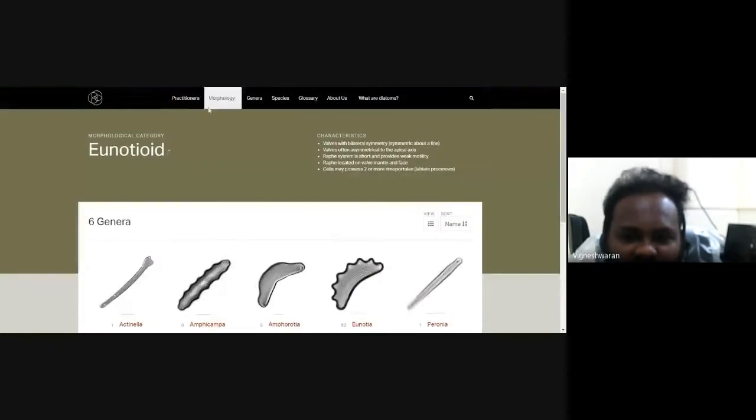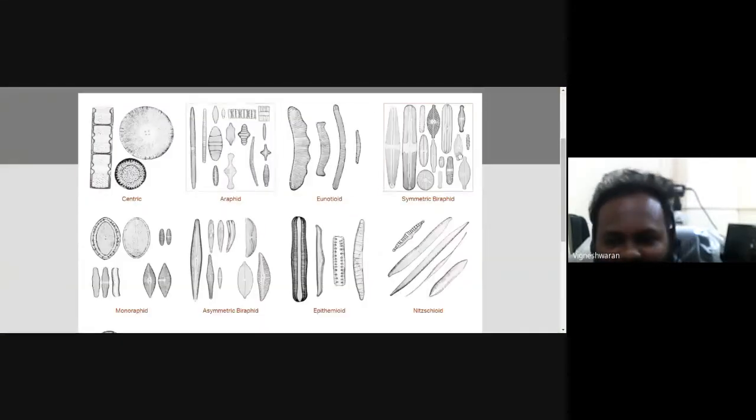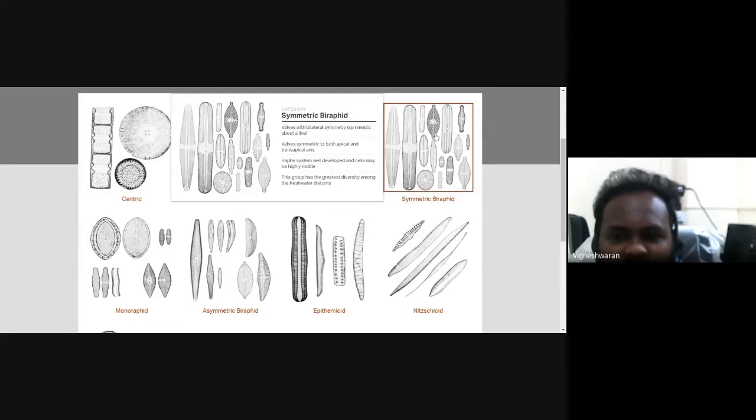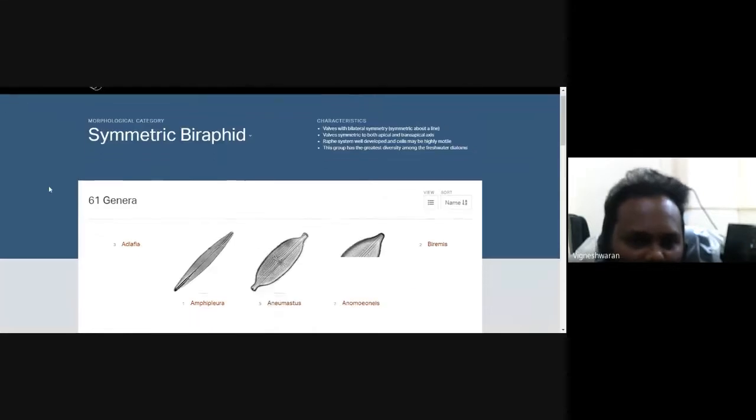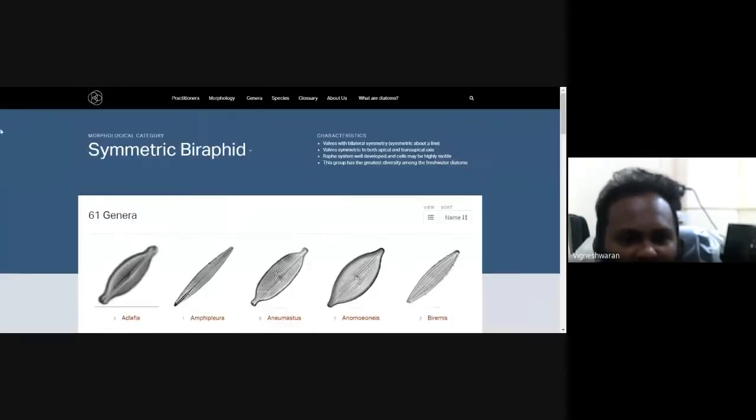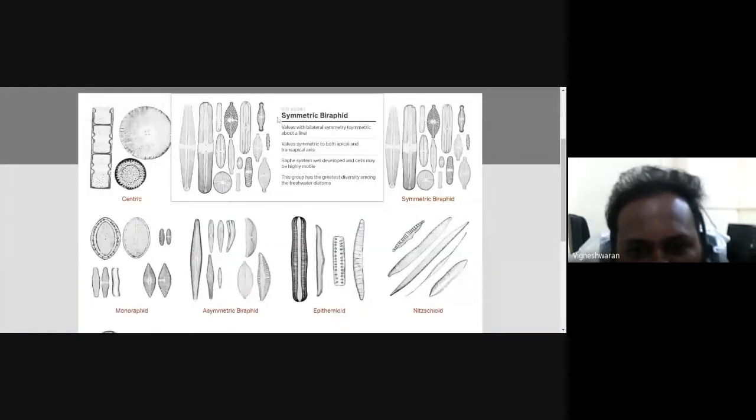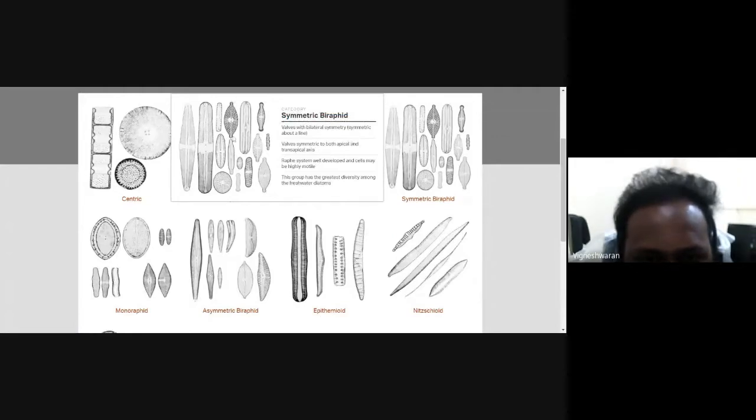So this is Inoceide. The next step will be symmetrical biraphid. Let me go to the description. If you see the symmetrical biraphid, the diatoms are very symmetric.